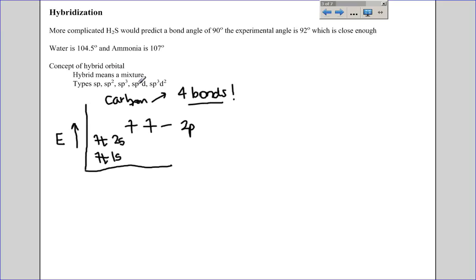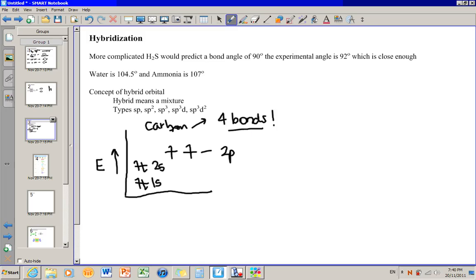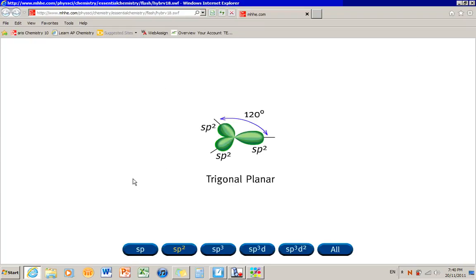Hybrid means a mixture. So what we're going to be doing is combining orbitals to form what are called hybrid orbitals. Now, one of the most important things to know about hybrids is however many orbitals you put into hybridization is how many hybrid orbitals come out.